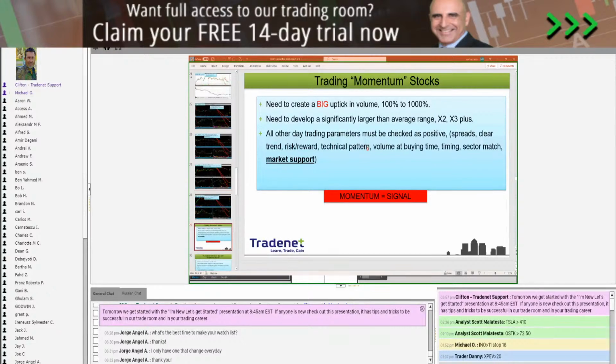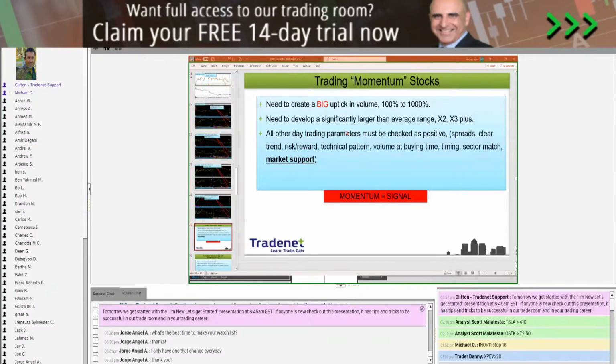So I'm not going to buy or short a momentum stock if I don't have the market support. It's not going to work. Okay? Momentum stocks are not stronger than the S&P 500.